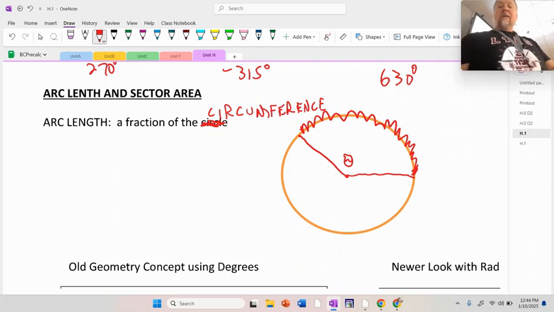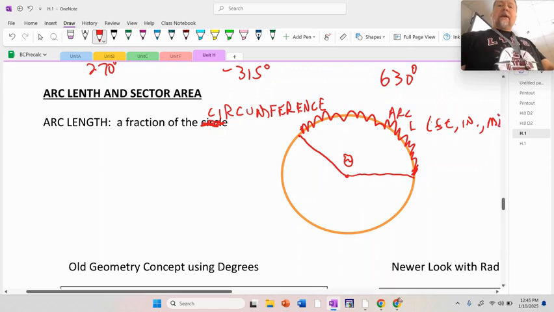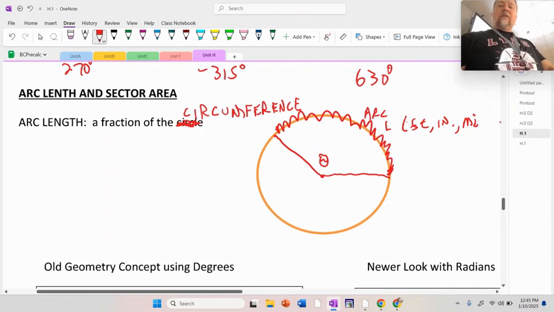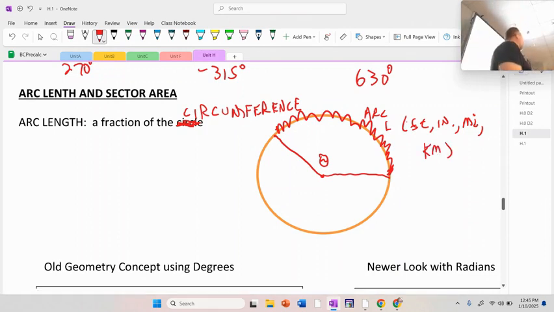So this is the circumference, this is the arc length, and it's in, no, I want parentheses, in terms of like feet, inches, miles, or kilometers, the metric system.